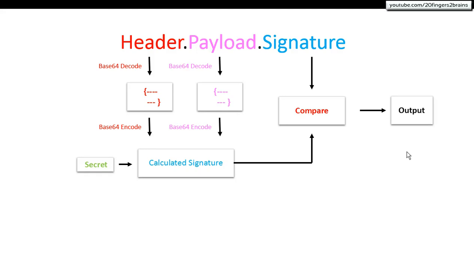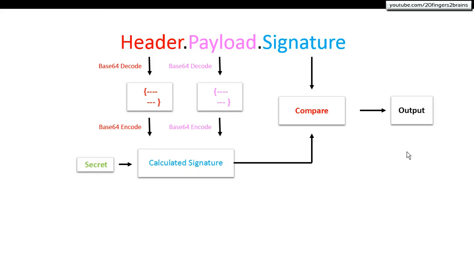If both signatures match, then the token is valid and the user is authorized. If not, then the user won't be authorized to access the application. So this is how the server validates the token. Now suppose a malicious user or a hacker got hold of your token and updates the payload to have admin rights, and then tries to send the token.